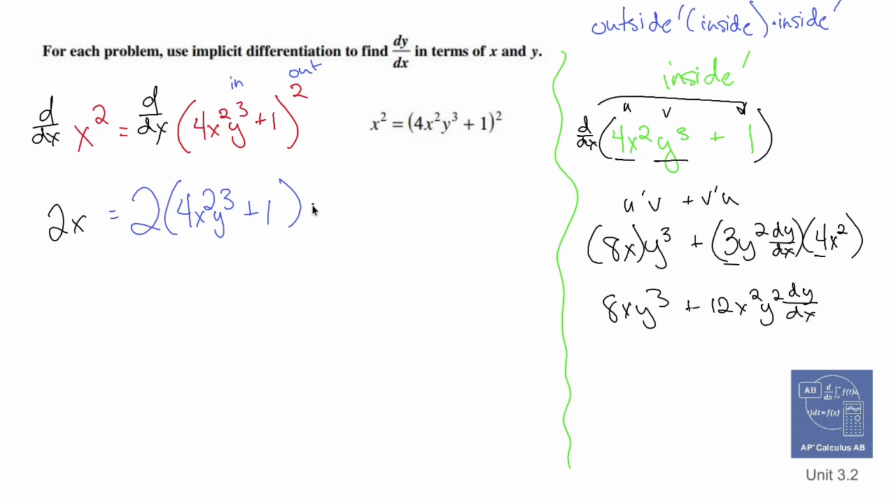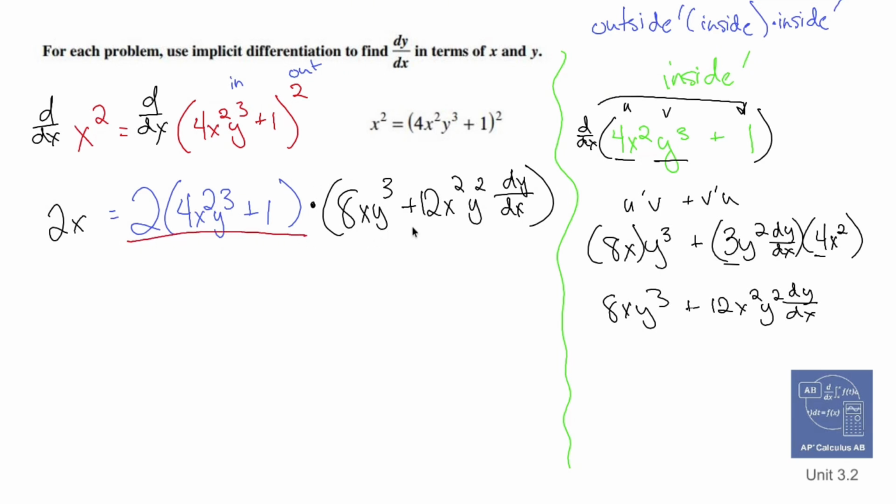So we're going to multiply everything to the derivative of the inside, which was 8xy cubed plus 12x squared y squared dy/dx. I guess what we can do is, since I have this whole guy multiplied to that whole guy, and my job is to get dy/dx all by itself, let's completely eliminate the blue guy.